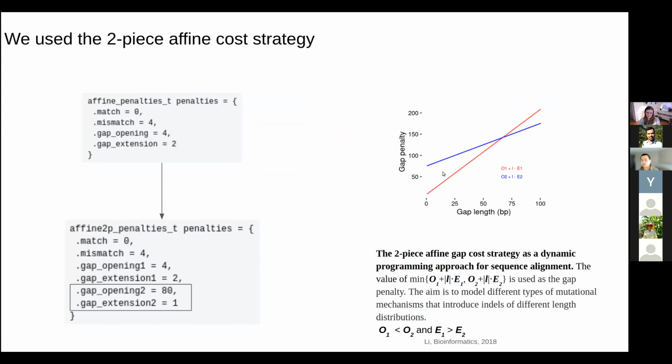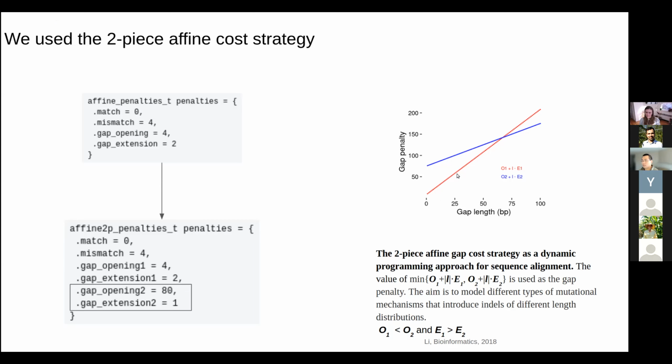In this plot, the x-axis is the indel length and the y-axis is the penalty, and we always use the smaller penalty for the final sequence alignment. The red line is from the first piece of gap penalty parameters. We can see that for shorter indels, the first piece gives a smaller penalty, and for longer indels, the second piece of parameters gives a smaller penalty.